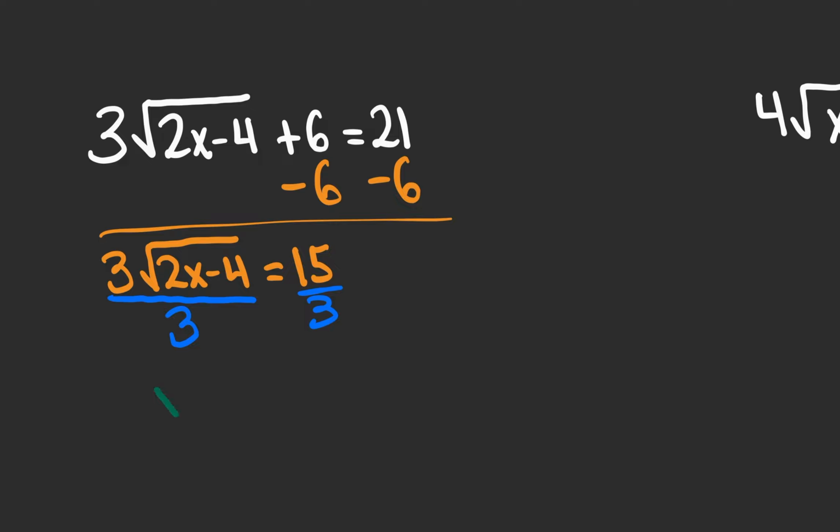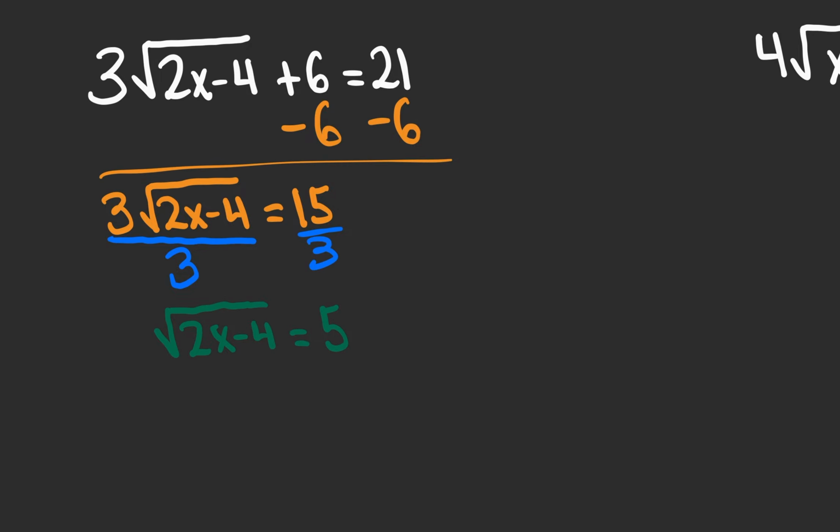And this will leave me with the square root of 2x minus 4 is equal to 5. I will then square both sides. And this will leave me with 2x minus 4 is equal to 25.